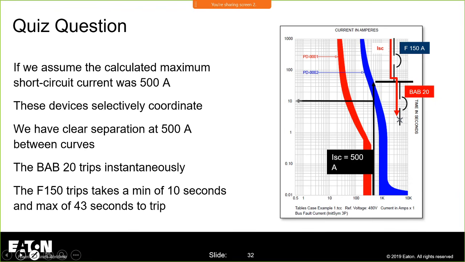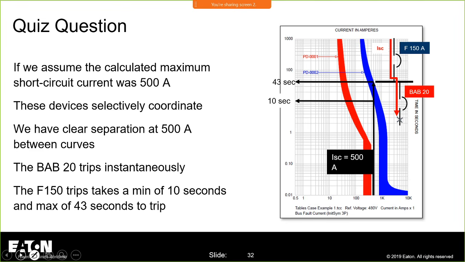So if I assume that both of those circuit breakers are going to see 500 amps, let's say this panel board is at the end of a long run, and it sees a fault downstream of that BAB20 circuit breaker of 500 amps.